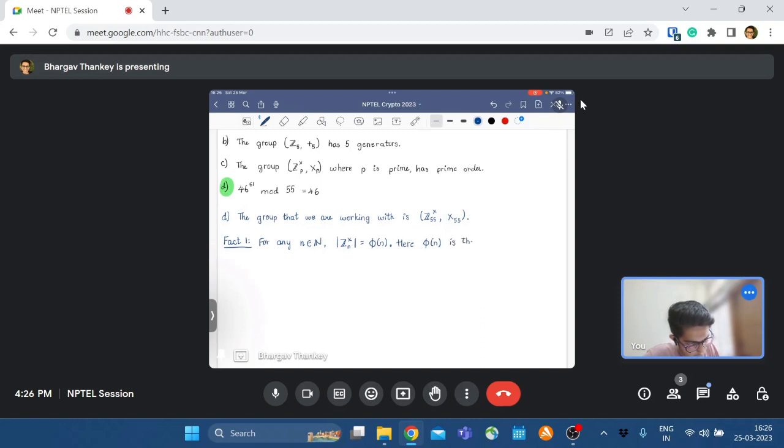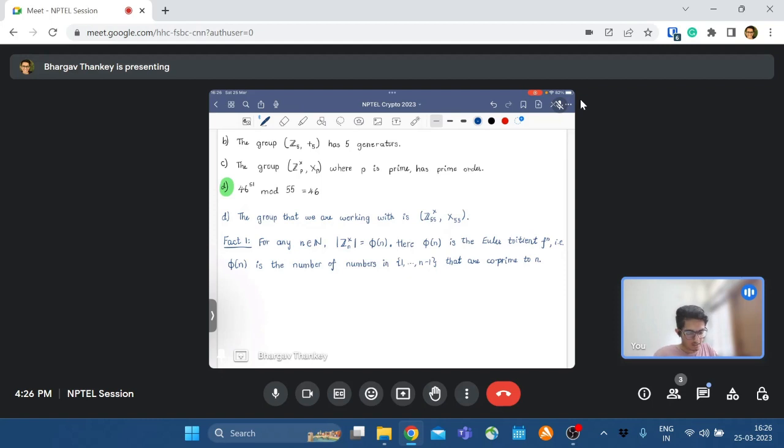The Euler totient function phi of n is the number of numbers in 1 to n minus 1 that are co-prime to n.